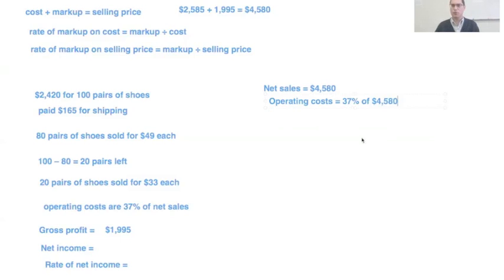That means we're going to go 4,580 times 0.37. Do that in the calculator here. So 4,580 times 0.37, that's going to give us $1,694.